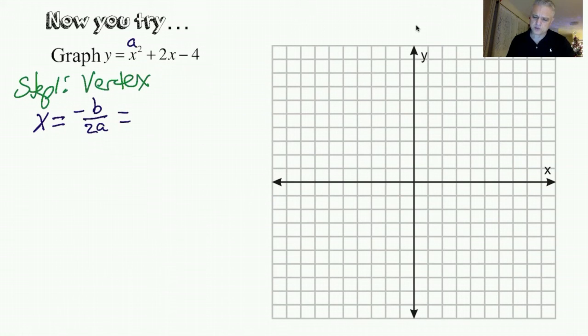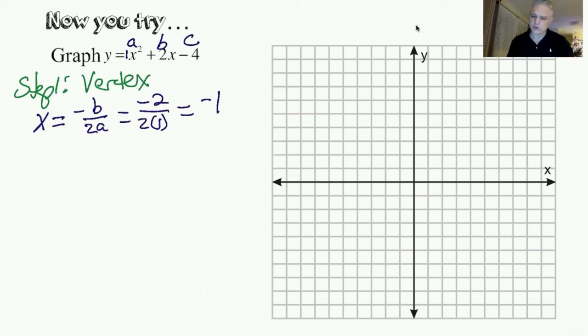Well, a is positive 1, b is positive 2, and c is negative 4. Okay, so opposite of b, the opposite of positive 2 is negative 2. 2 times a, well, 2 times 1 is 2. Cool beans. Okay, so I'm going to reduce. So negative 2 over 2 is negative 1. There's my x coordinate for my vertex.